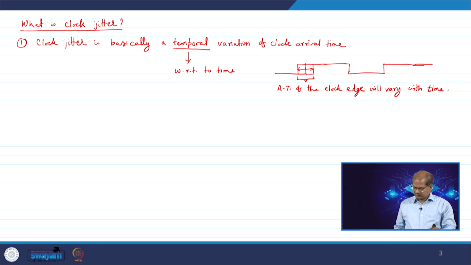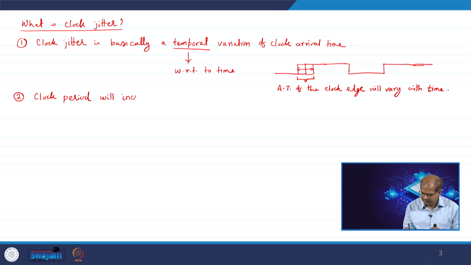In this case, what is the impact? The second point here is that your clock period will increase or decrease with time.